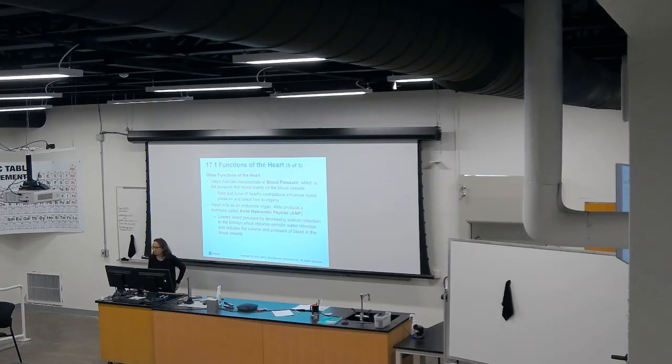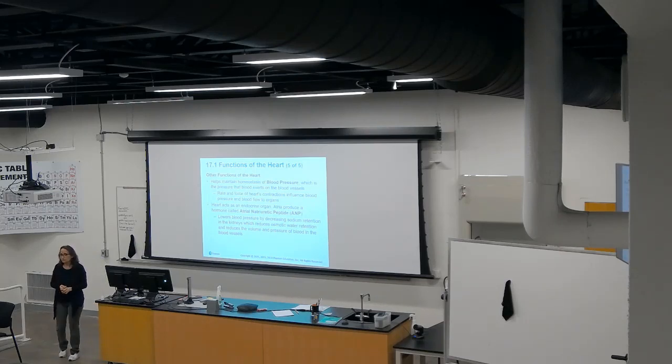Other functions of the heart, besides pumping blood and delivering oxygen. Well, it's actually maintaining blood pressure. Every time that our heart contracts, it increases the pressure of the arteries, and that helps to push the blood towards the different arteries. And then the farther away arteries have less pressure, and the veins have less pressure than the arteries, so you have the circuit going on.